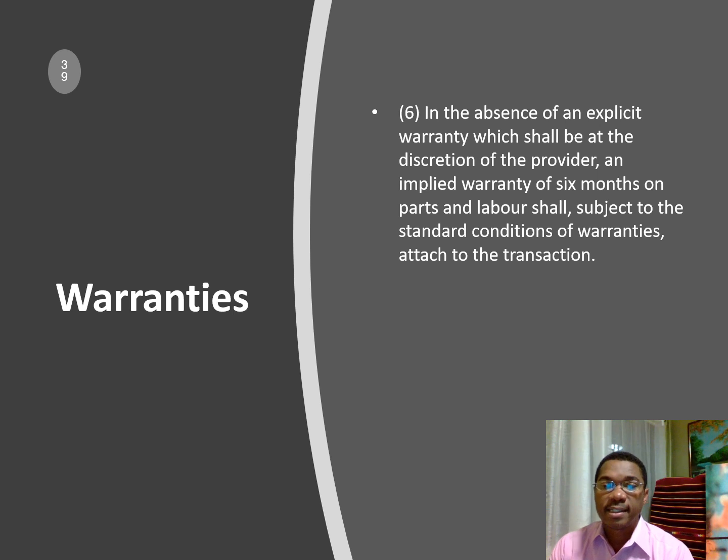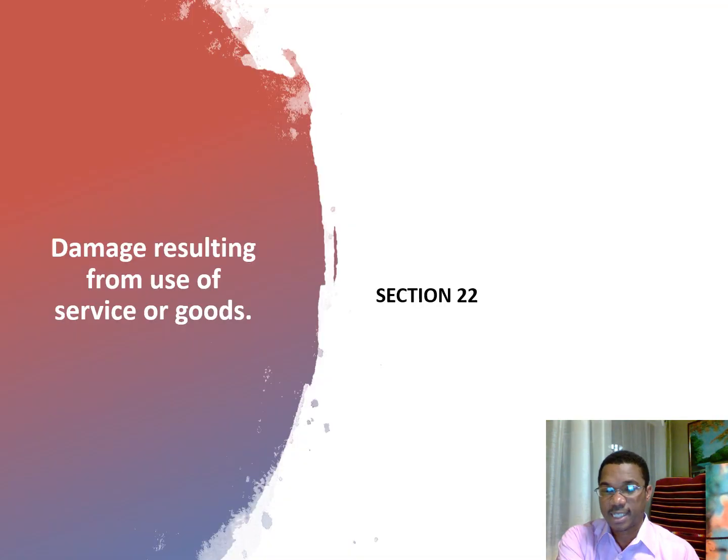Subsection 6 now speaks about absence of explicit warranty, and of course if there is no explicit warranty, then the provider has a discretion, and the implied warranty is 6 months in relation to parts and labor, and of course will be subject to any standard warranty that attaches to the transaction.